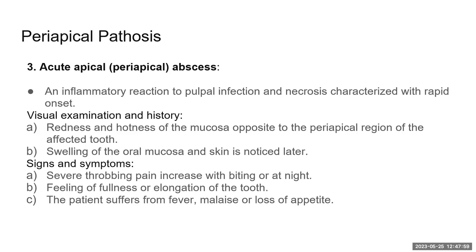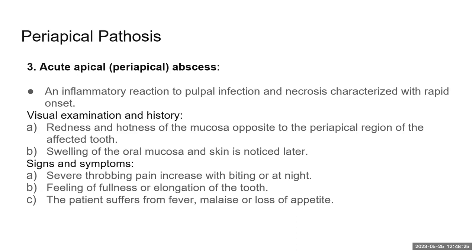In this case, this is an acute apical abscess, either in the form of cellulitis or a localized swelling with the signs and symptoms of abscess or inflammation, here redness or hotness, together with severe throbbing pain, and here the signs and symptoms of the pain of irreversible pulpitis.